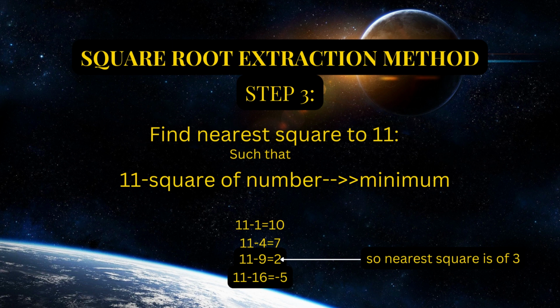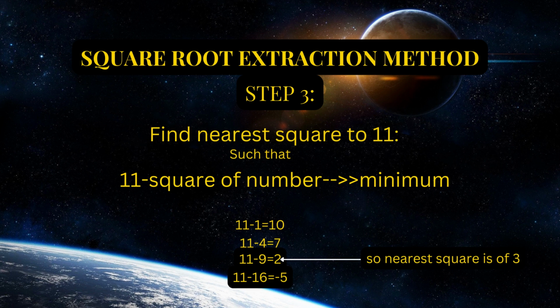If we subtract 1 square from 11, we get 10. And when we subtract 2 square from 11, we get 7. But when we subtract 3 square from 11, we get 2. But after that, when we move on to 4 square, 5 square, we start getting negative values.